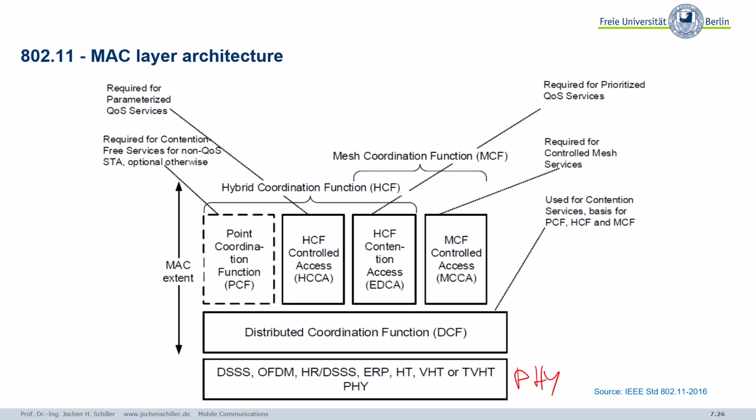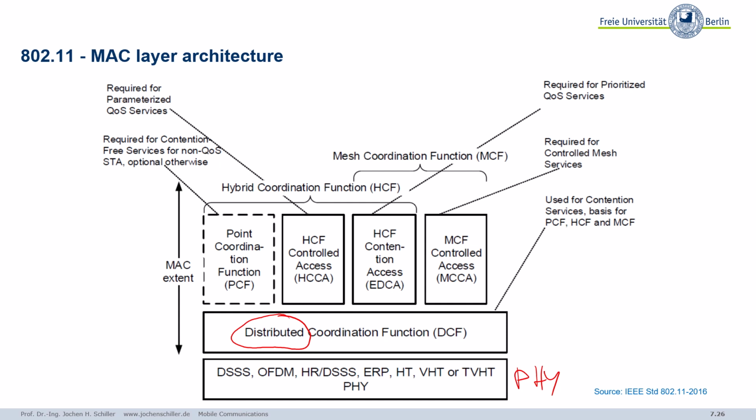And what is quite important, it is a distributed system. So in the classical operation mode, you do not have a central administrator like the access point. We will see there are new operation modes where the access point plays a special role. But in the classical wireless LAN, all stations and the access point are the same when it comes to the medium access.